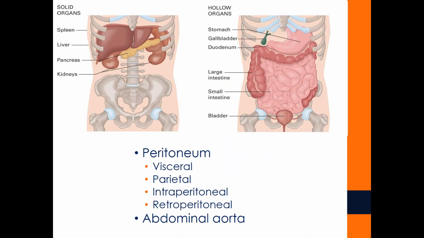So in that case, let's talk about the structures. In the abdomen, I already mentioned, we have hollow organs, we have solid organs. Those solid organs, your liver, your spleen, your pancreas, your kidneys, they are very, very vascular. They have a very large blood supply, and as such, when they are subject to illness or injury, they have the tendency to bleed a whole awful lot.